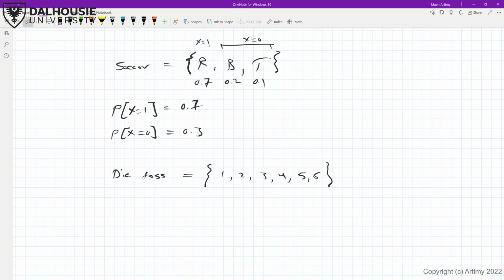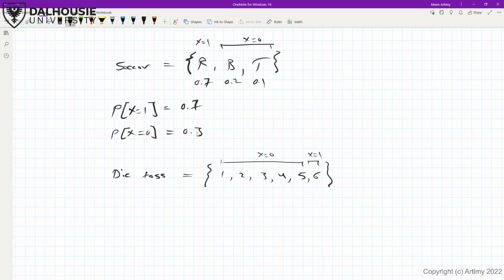In that case, all of the other outcomes will be assigned a random variable value of 0, and the 6 will have x equal 1.